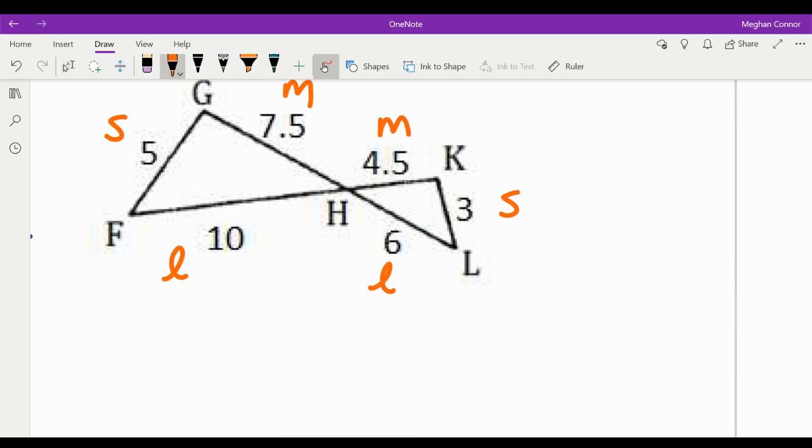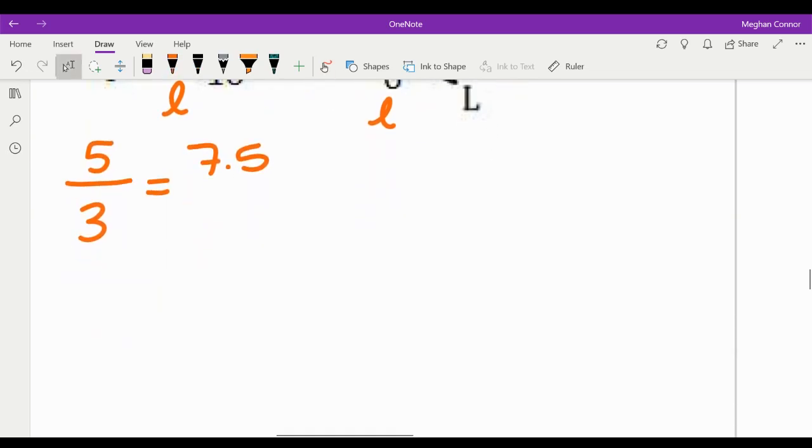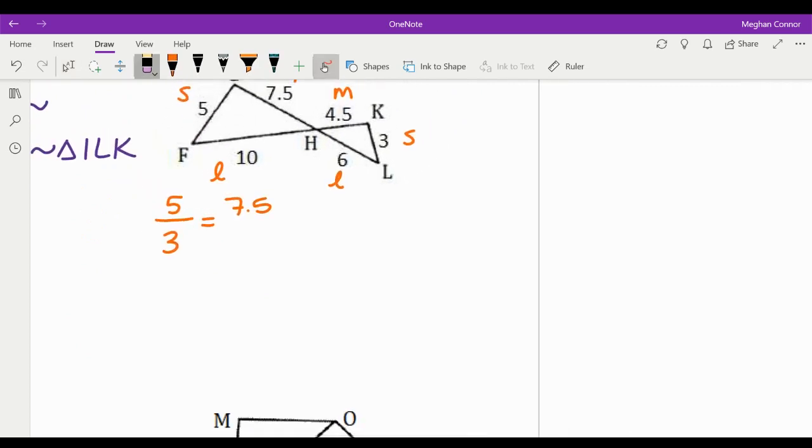I want to see if all of those are proportional. I'm going to put 5 on top and 3 on bottom, which means the larger triangle has to be on top for all of those. 7.5 over 4.5, and then 10 over 6.